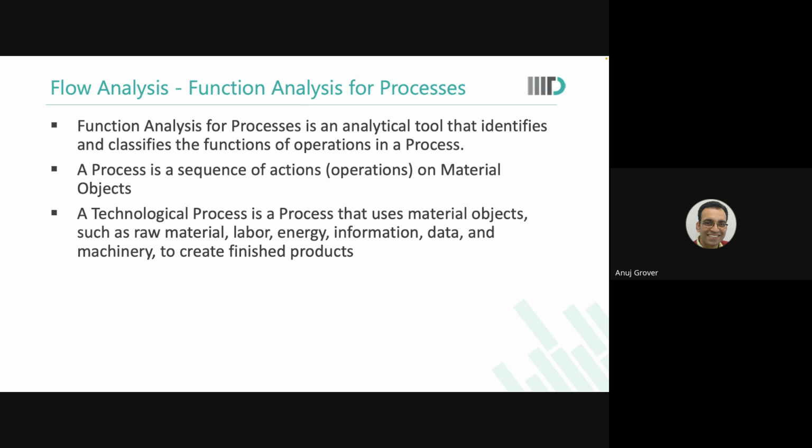Any algorithmic way that you are using to solve a problem, if you want to improve that algorithm, it points that that technological process can be improved or can be modeled as a flow. Are you able to see this?